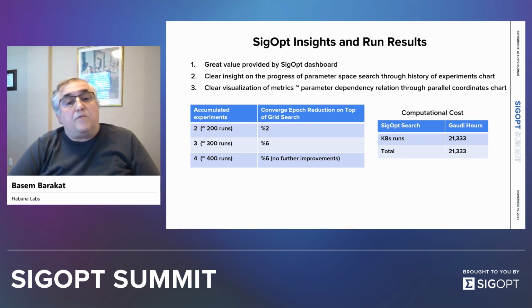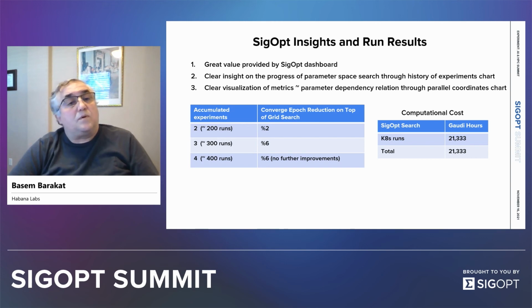Then we ran another 100 and didn't get any improvement, and we stopped according to the logic Evelyn discussed.